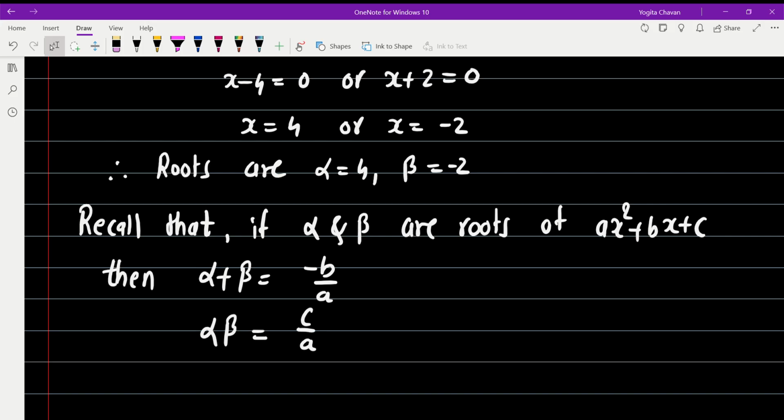So sum of the roots is equal to minus of coefficient of x divided by coefficient of x square, and product of the roots is equal to constant term divided by coefficient of x square.